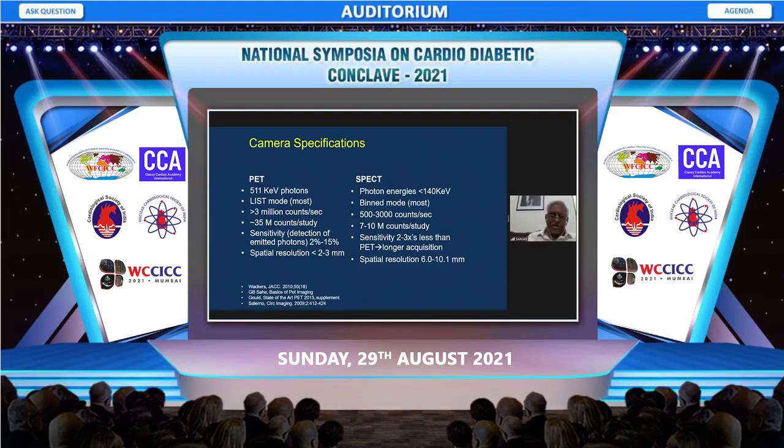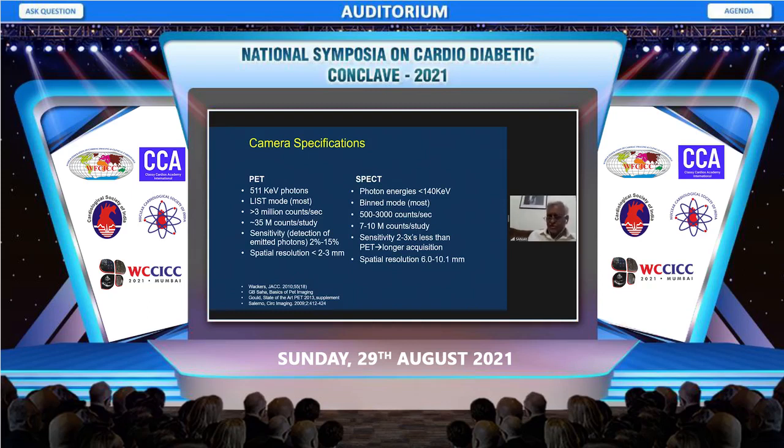So the SPECT and PET, the PET uses different isotopes, high sensitivity and spatial resolution, and that makes the imaging much better with PET. But of course, you need different isotopes, which may not be there at one center or another. So that is deciding the choice.